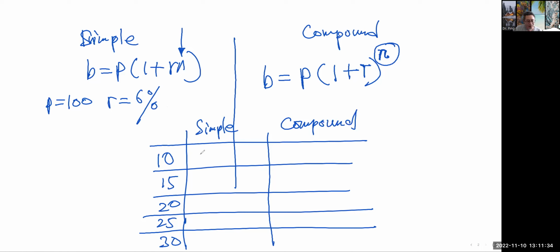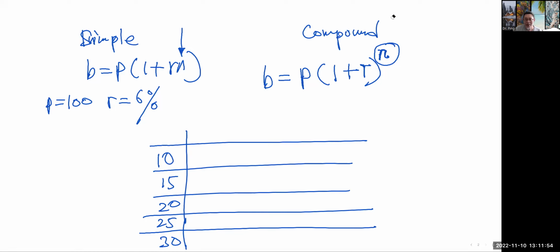The simple one would be 100 times 1 plus the interest rate, sorry, 6%. Let me write on the top there to make it bigger. On the simple side, we have 100 times (1 plus 6% times the number of years), in this case 10.